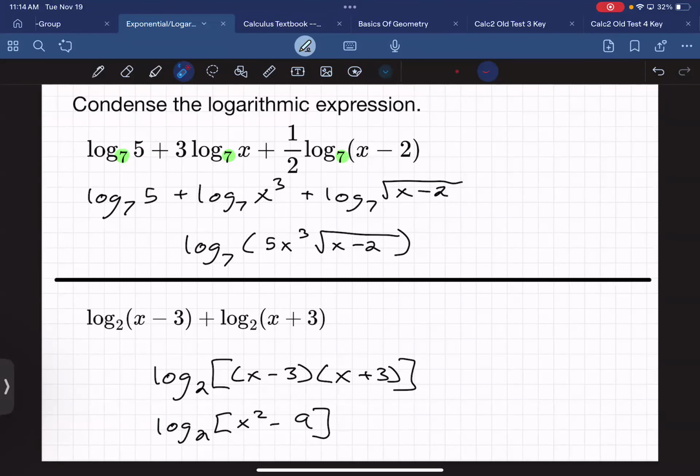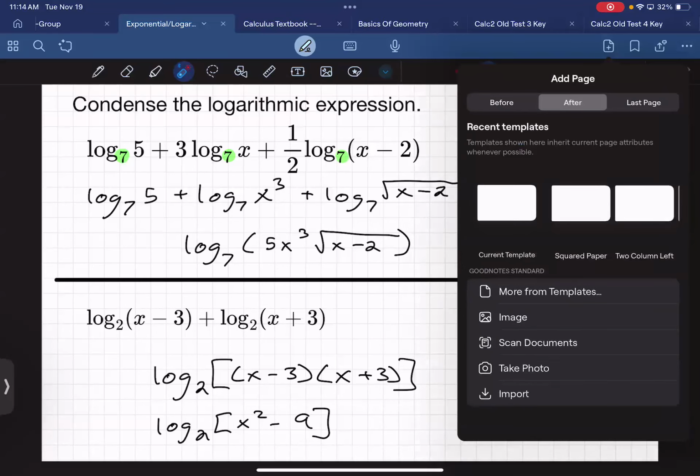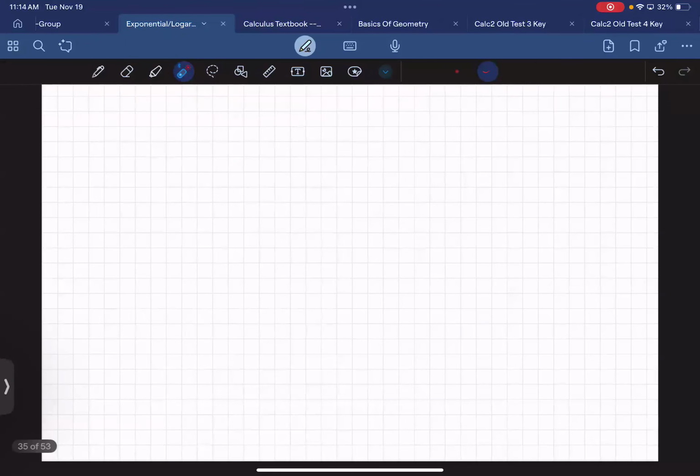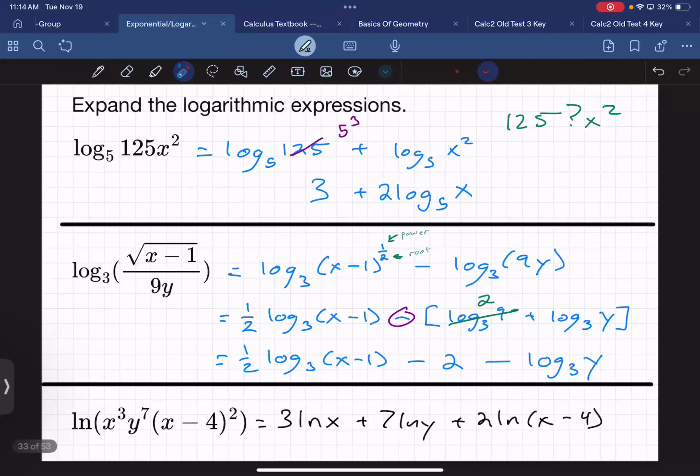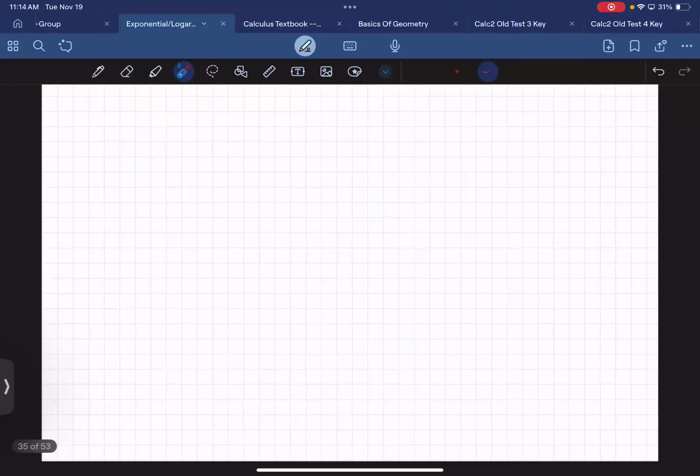Now, what I want to make sure to show as we do this is that we're not going to just have this for the sake of condensing and expanding, right? We might need this for different purposes, okay? One thing that we can be stuck with is, say we're trying to solve this equation.